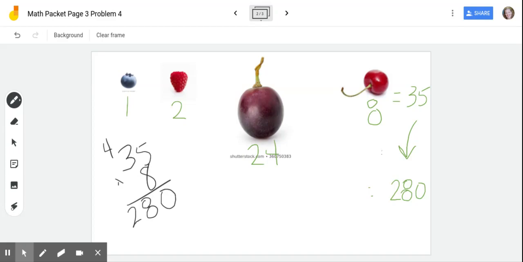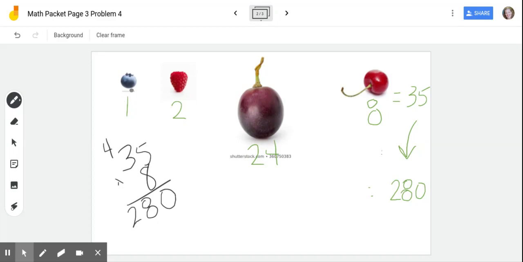So I want to make this little salad here, the salad that currently has 1 blueberry, 2 raspberries, and 24 grapes, and 8 cherries. I want to scale that up 8 times.